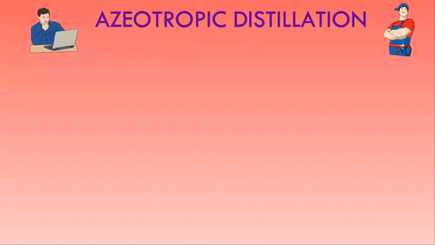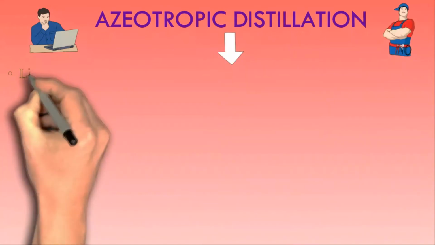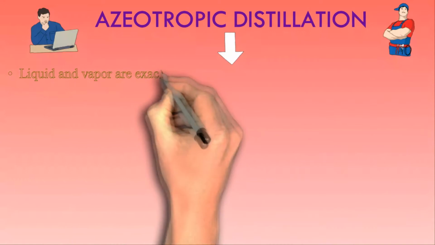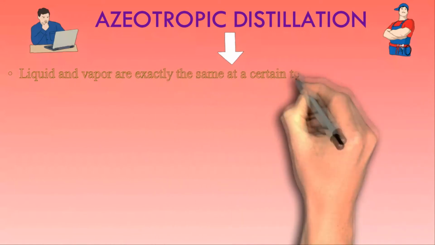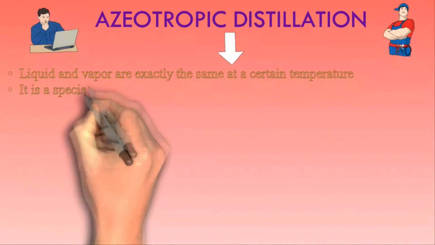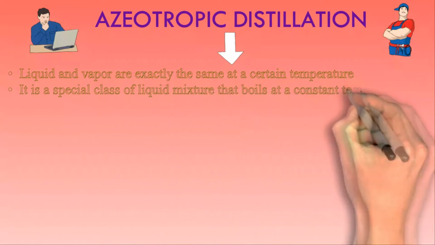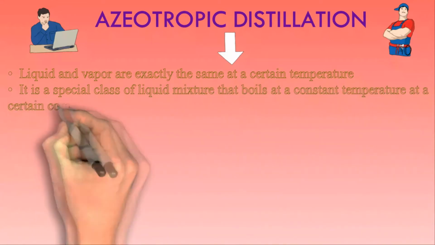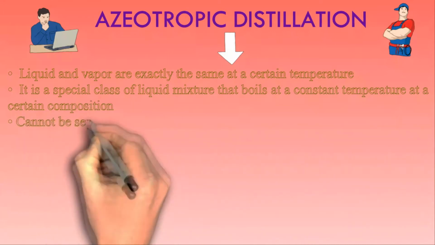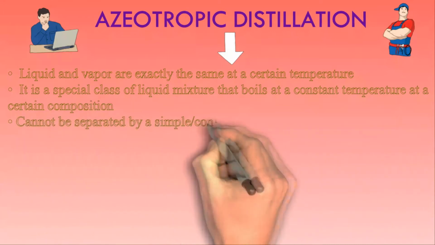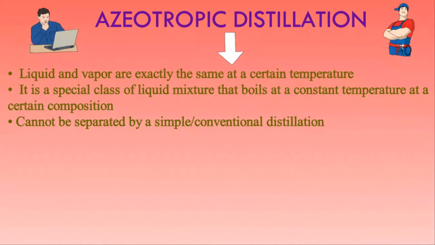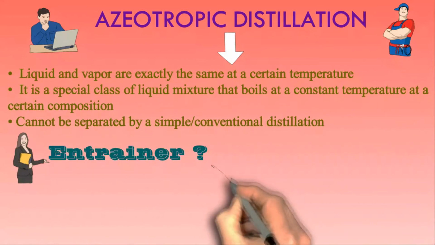In azeotropic distillation, firstly, an azeotrope is a liquid mixture in which the liquid and vapor compositions are exactly the same at a certain temperature. It is a special class of liquid mixture that boils at a constant temperature at a certain composition. When an azeotrope exists, it cannot be separated by simple distillation.